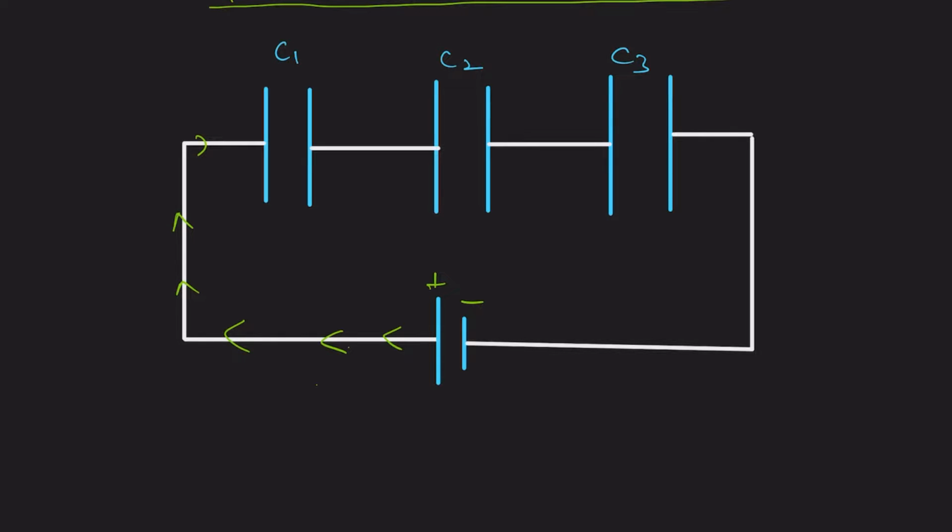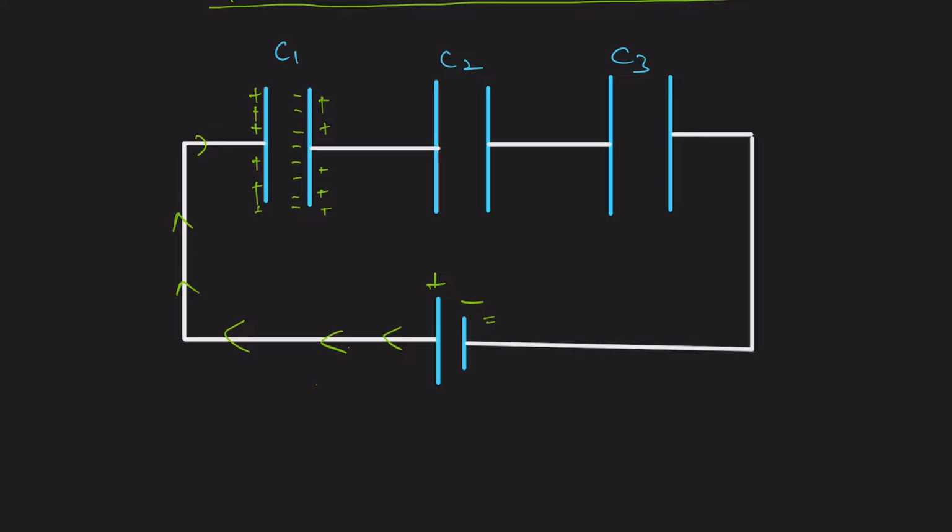Now positive charge is stored on this plate of C1. So this positive charge attracts the electrons towards this side. Automatically, on the other side positive charge is developed here. So this positive charge is attracted by the negative terminal of the battery again.